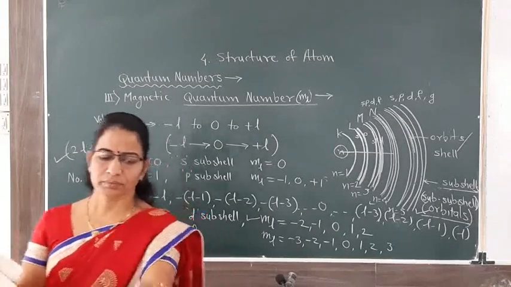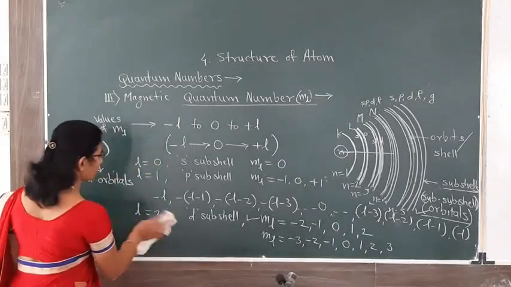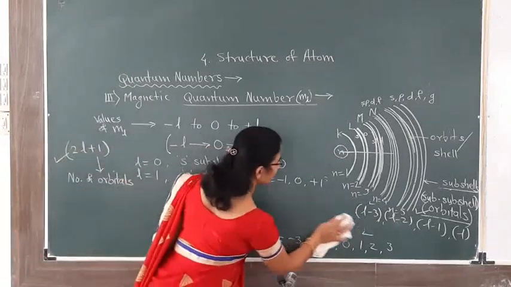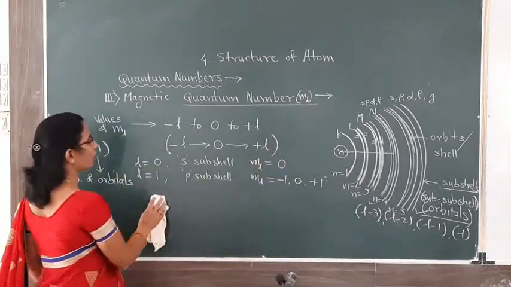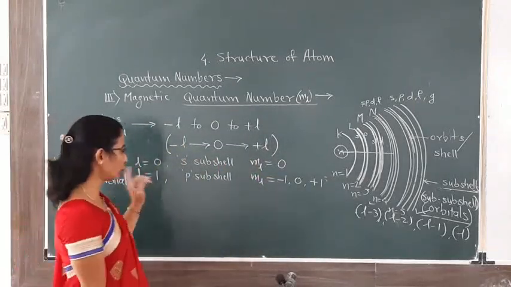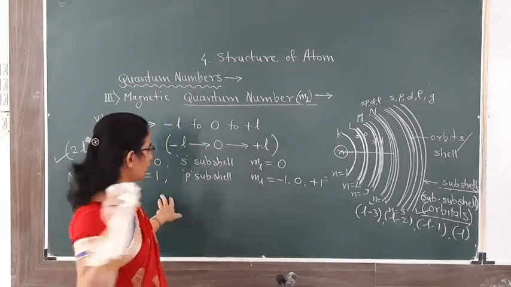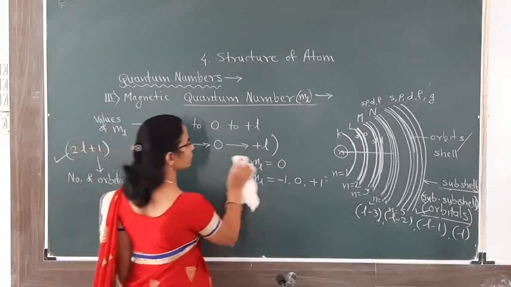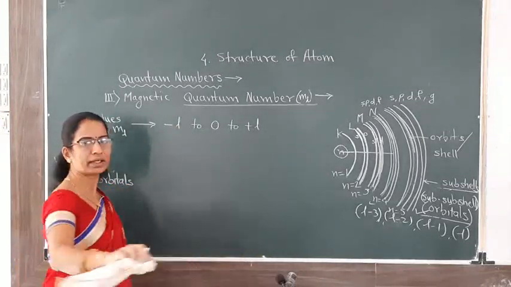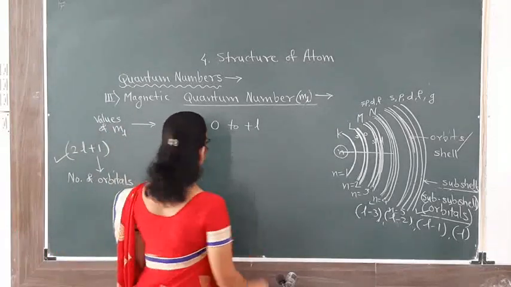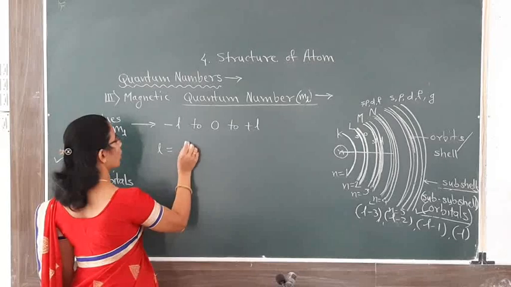Now let's see the next quantum number. Remember well again, every orbital has 2 electrons. So with the help of the number of orbitals, you can also count the number of electrons present in a subshell. For example, suppose I am taking the p subshell.